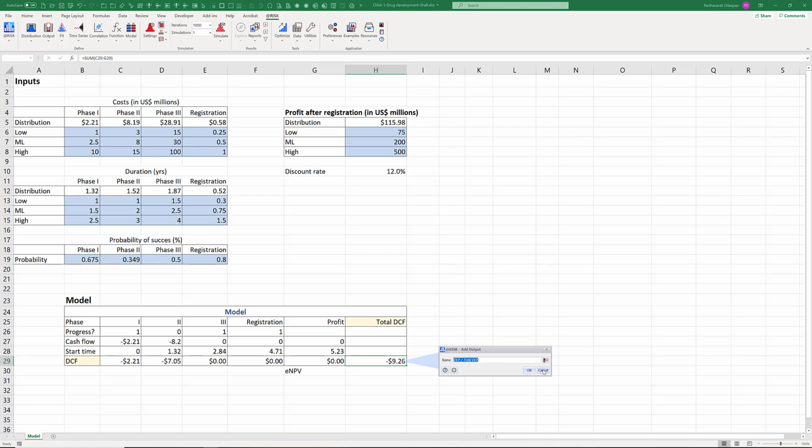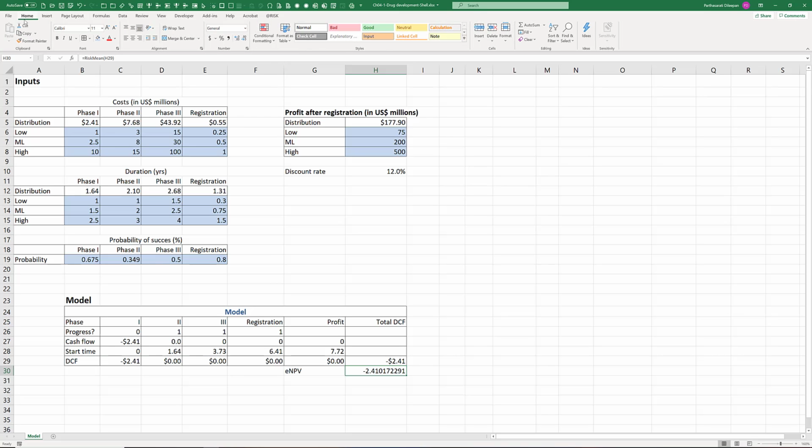So total DCF. Okay, so that's our model, and of course, after you run the simulations, you want to do a risk mean. Let's go ahead and set that up. Risk mean of that. Okay, that would be the expected net present value of the project. Okay, so we'll simulate in the next video.